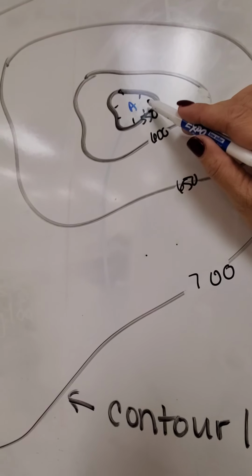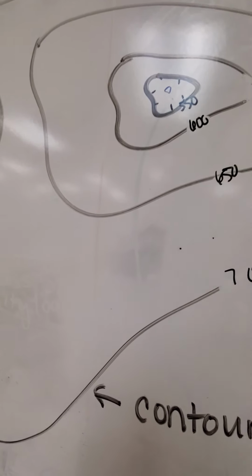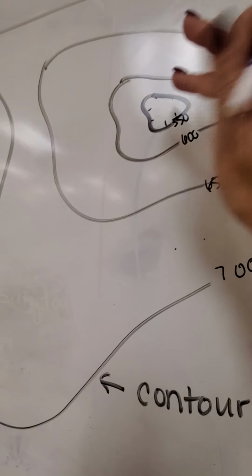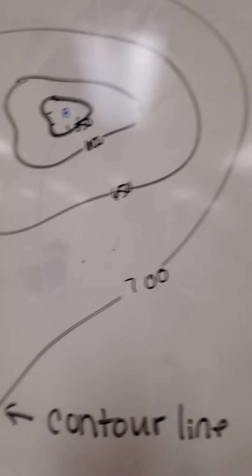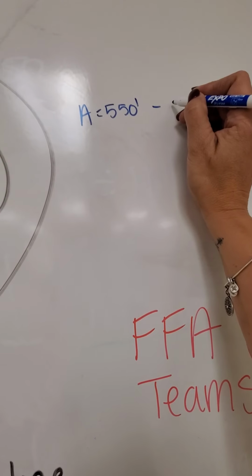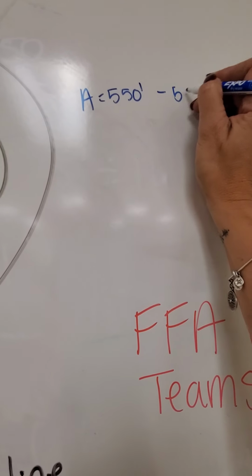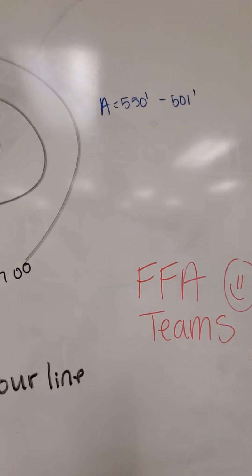But we know it's not 500, because if it was 500, there would be another line, right? So we know it can't be 500. So technically, it's 550 feet, or it could be 501 feet, because it can't be 500. So it's somewhere between that.